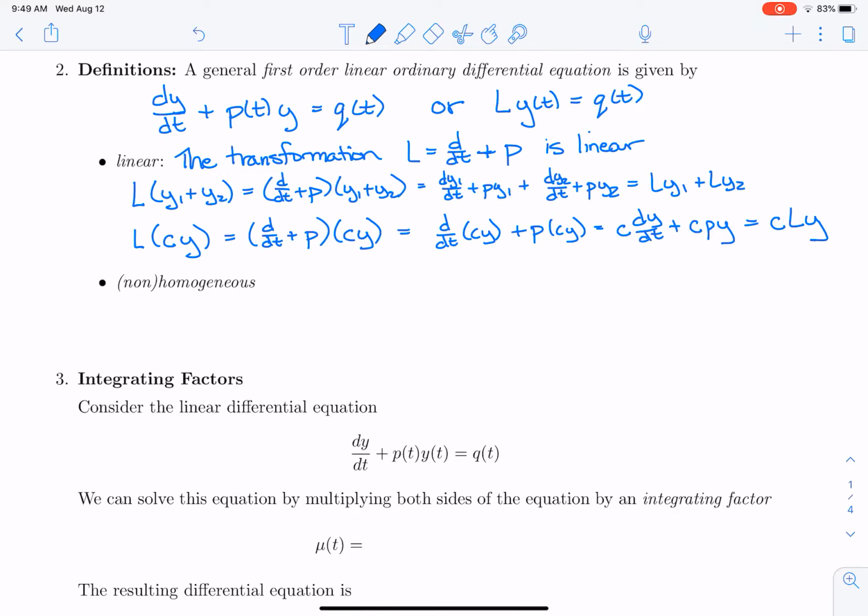Now, there are two types of these linear ordinary differential equations. Okay, there's going to be the homogeneous and the non-homogeneous. Homogeneous equations are when q of t is equal to 0 for all t. So if what's on the right-hand side is identically 0, then that's called a homogeneous equation.